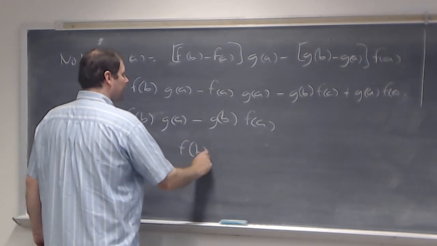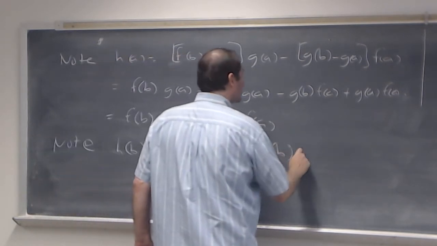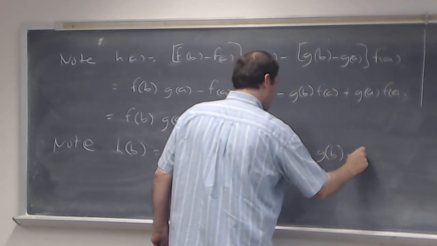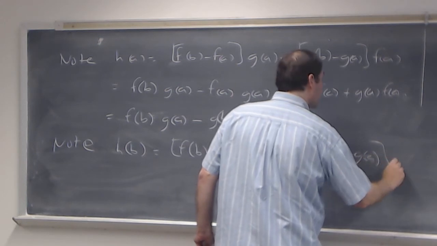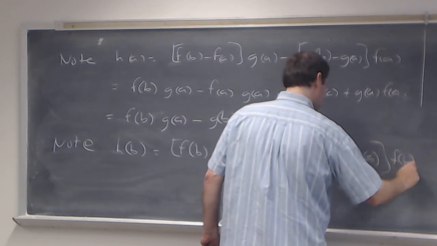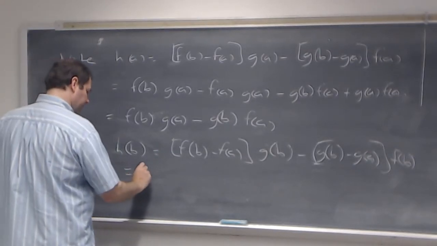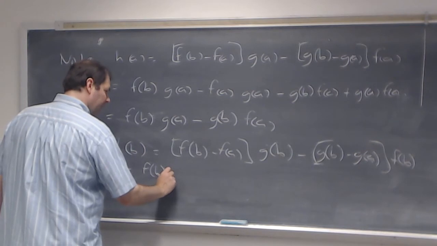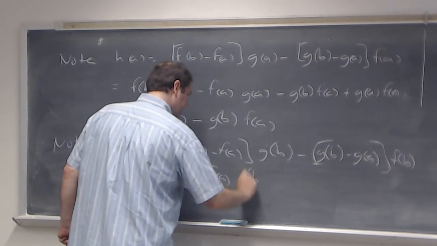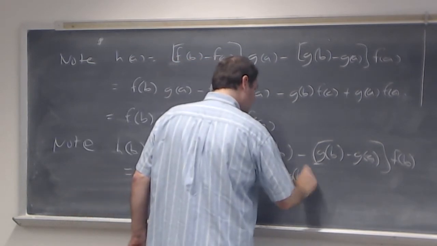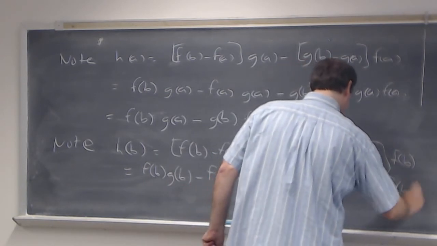This will be f of B minus f of A times g of B, minus g of B minus g of A times f of B. And then when we distribute and simplify, we have f of B times g of B minus f of A times g of B, and then this is minus g of B times f of B, and then here will be plus g of A times f of B.